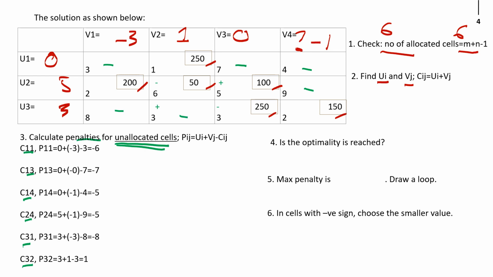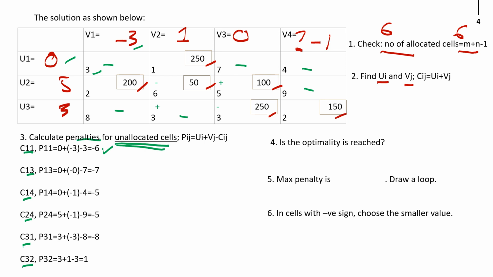Penalty is calculated by referring to the unallocated cells. Okay, C11, the penalty is 0 plus negative 3 minus 3 equals negative 6.